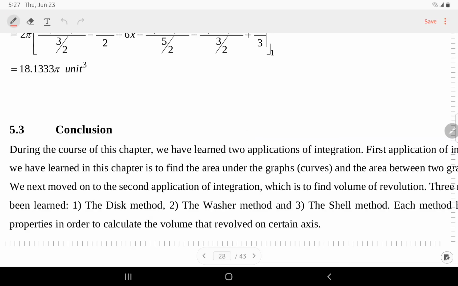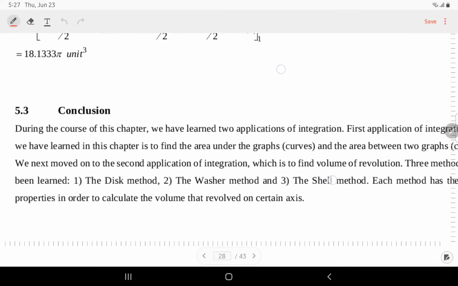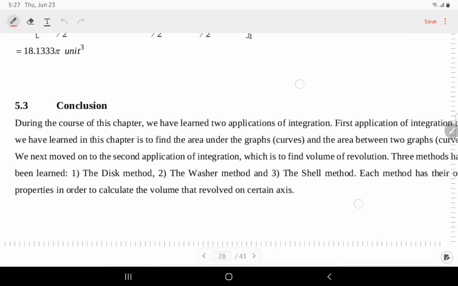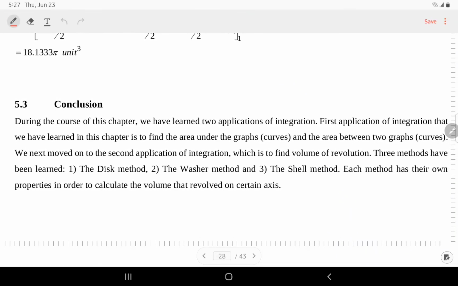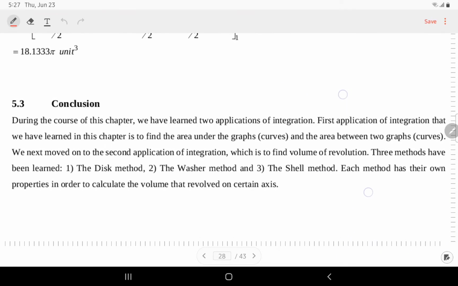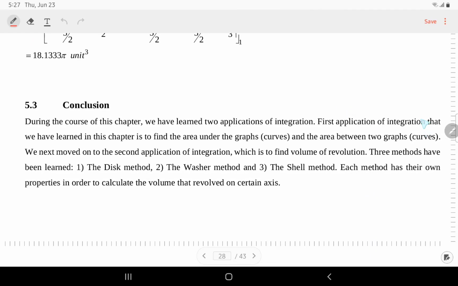Okay, so dekat sini the conclusion is during the course of this chapter, okay, chapter 5 ni, we have learned 2 applications of integration. The first application of integration that we have learned in this chapter is to find the area under graph and area between two curve. Okay, next kita belajar second application of integration, which is to find the volume of revolution.